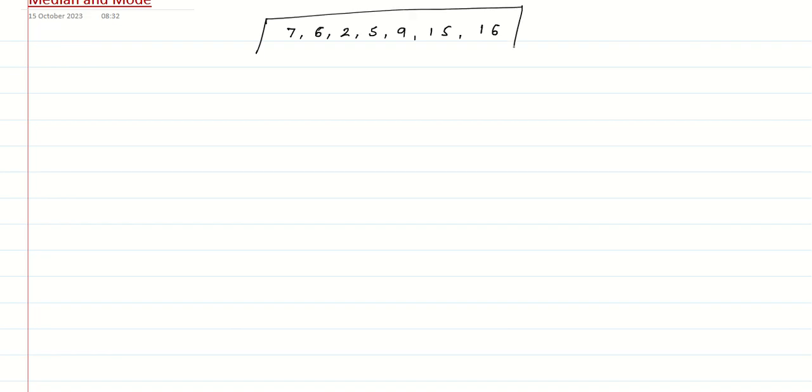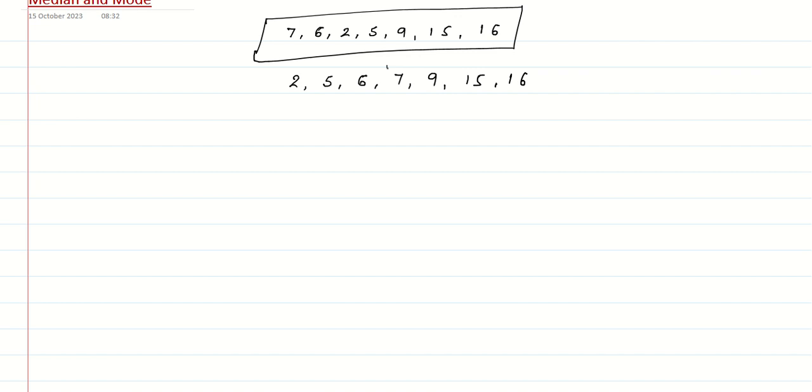Correct. Any proper order, right? So the middle number. In this case, if I put it in increasing order, that is 2, then 5, then 6, then 7, 9, 15, and 16.